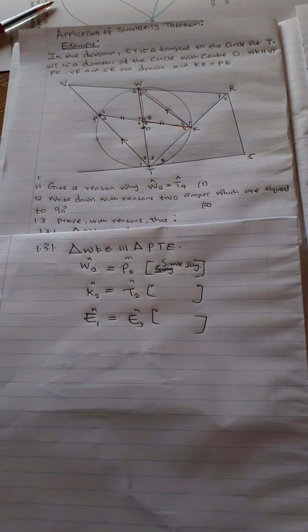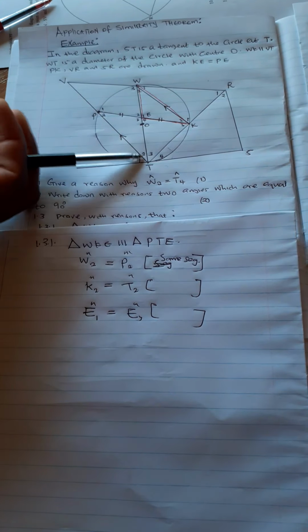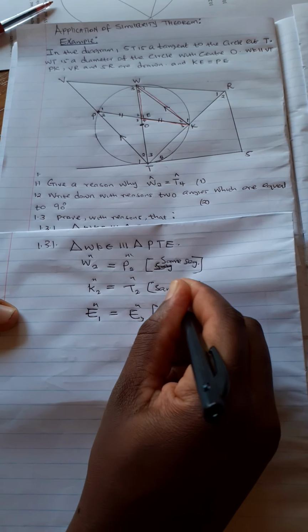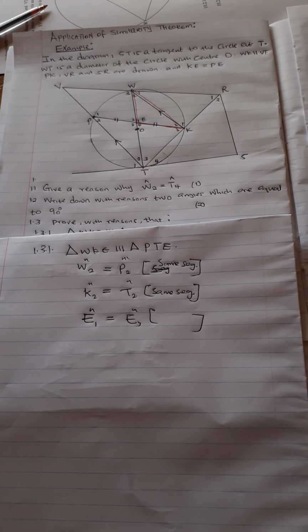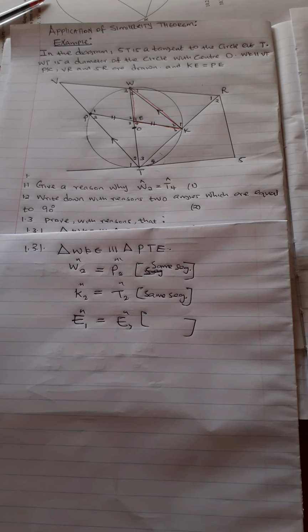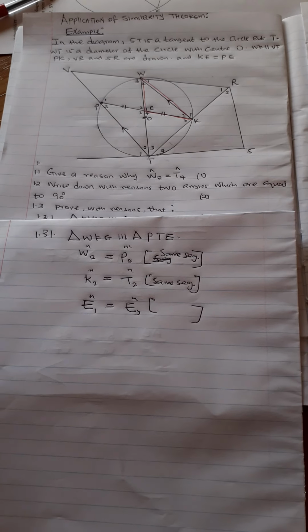Now K2 and T2. Where is K2? It's here, and T2. The same reason. Same segment. And when you are proving similarity, if you prove two angles and then you find the other one, and you do not get the reason, you just write third angle.